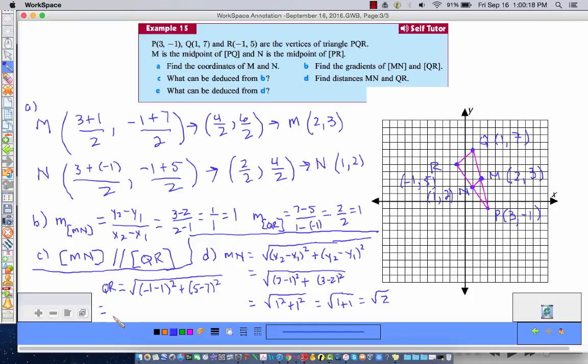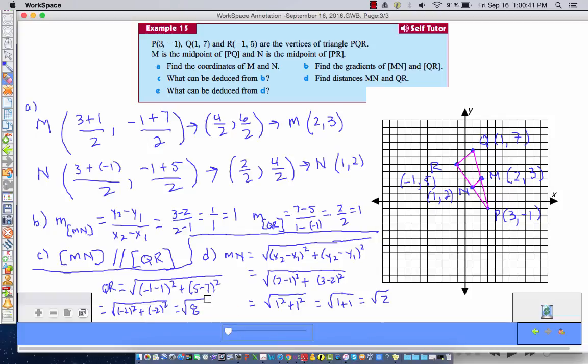And that's going to equal the square root of negative 2 squared, negative 1 minus 1, plus negative 2 squared equals square root. Let's see, negative 2 squared is 4, negative 2 squared is 4, and 4 plus 4 is 8.